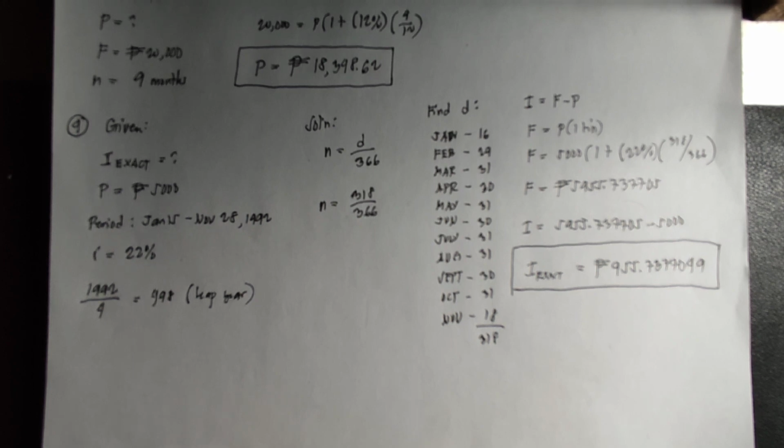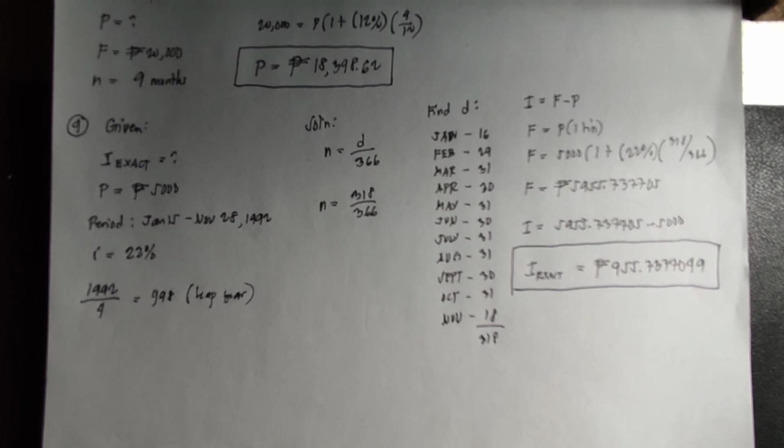So 1992, we will check if it is a leap year by dividing 1992 by 4. So 1992 divided by 4 is equal to 498. So that means 1992 is a leap year. So now we will find d.